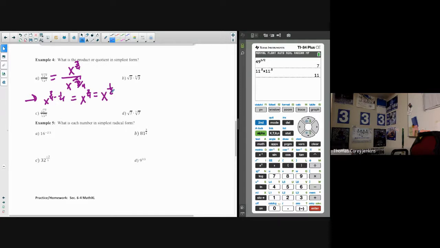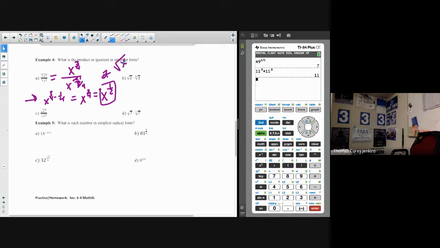Right, so x to the 1/2 on that one. And I don't really know what form they're wanting. If they're wanting exponential form, that would be fine. If they're wanting simplest radical form, I guess that'd be the square root of x.